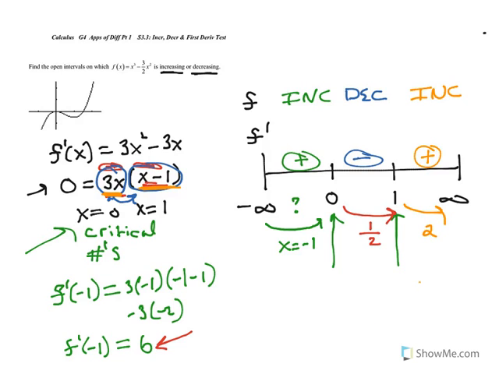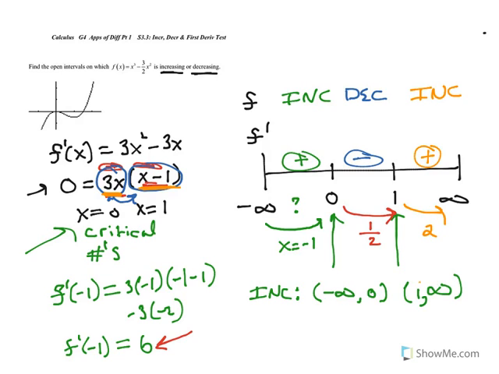So we know it's going to be increasing. So for a final answer, f is going to be increasing on the interval from negative infinity to 0 and on the interval from 1 to infinity.